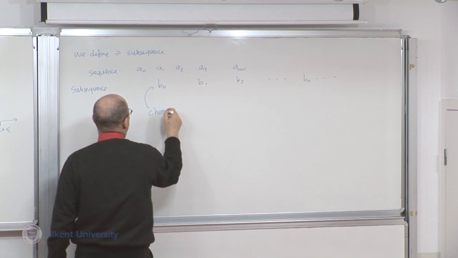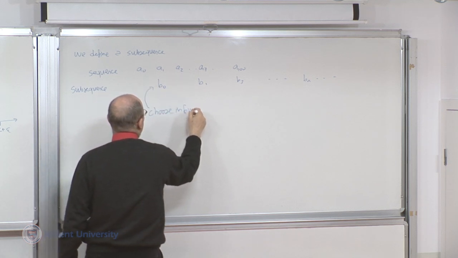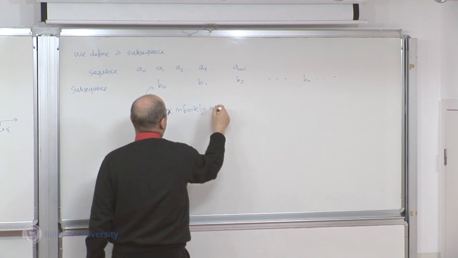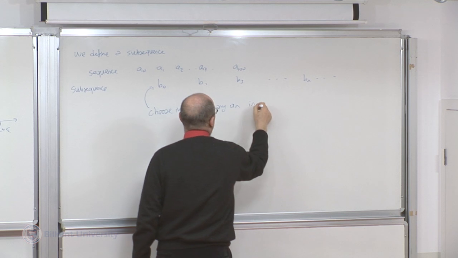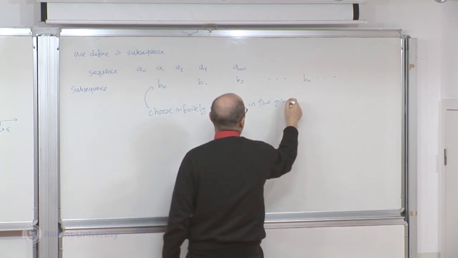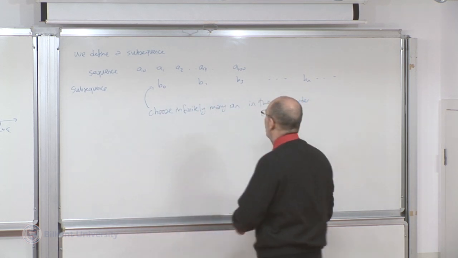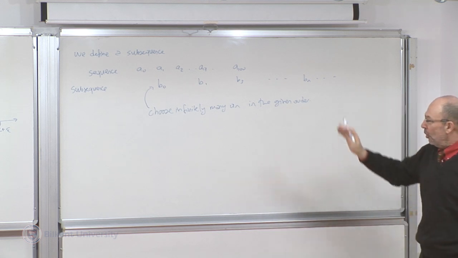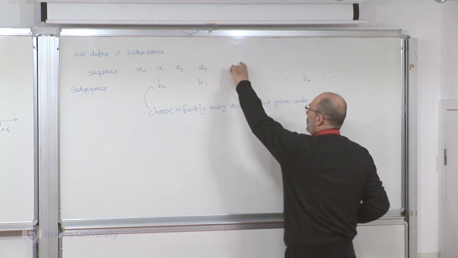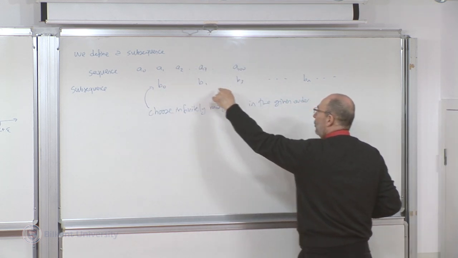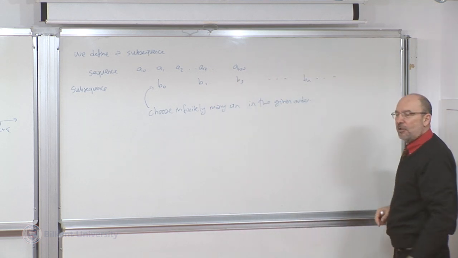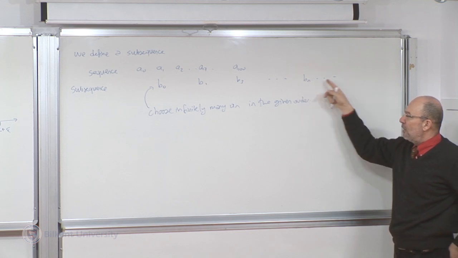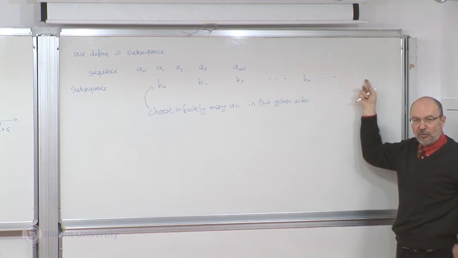Choose infinitely many an in the given order. So you don't make this before this one. You just continue from here, and from time to time you choose one of the elements of the sequence and give it an index. So this is a subsequence.